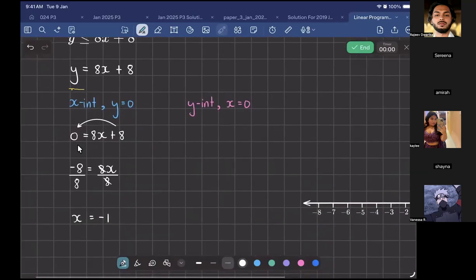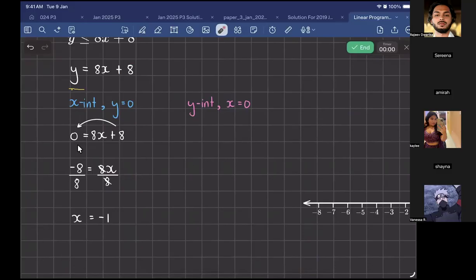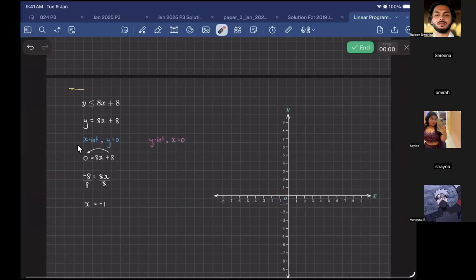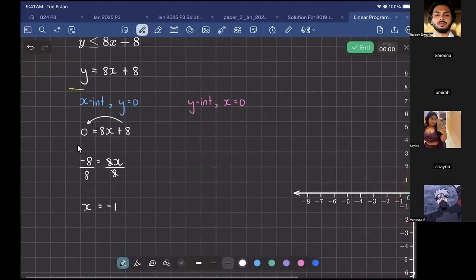So in other words, my graph is going to cut the x-axis at what value for x? Negative 1. So that line is going to cut the x-axis at negative 1. And if I wanted to write the point for that, what would it look like? Negative 1, comma 0. Excellent.